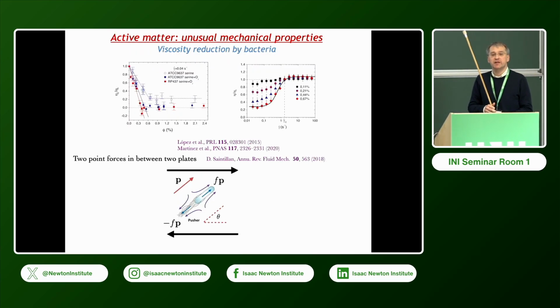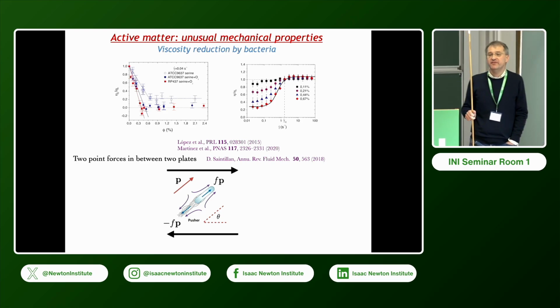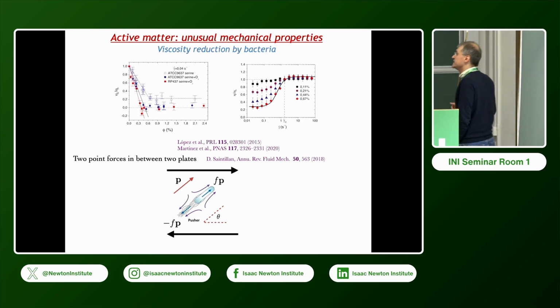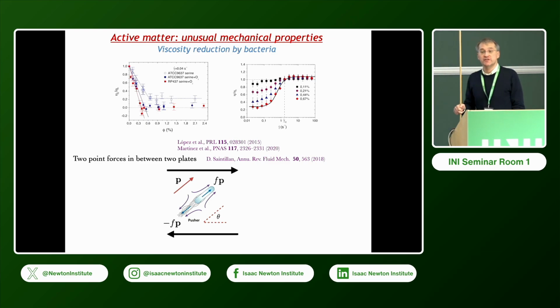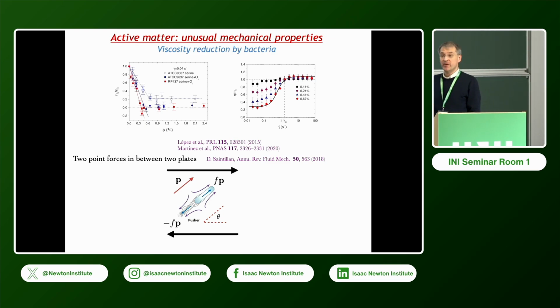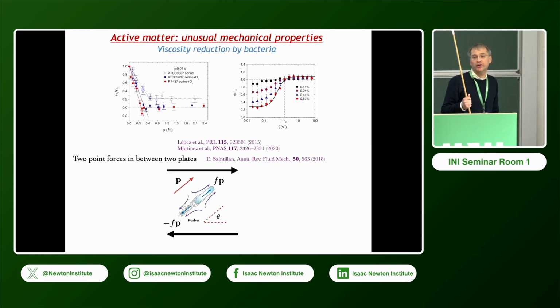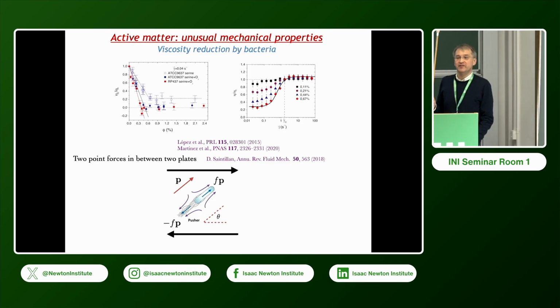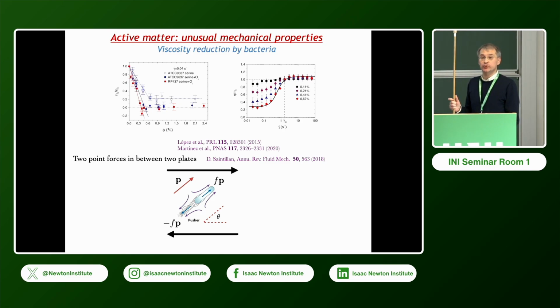Another interesting result, which happens way before collective motion sets in, is another mechanical property, the viscosity, and that signifies that when you break detailed balance at microscopic scale, anything could happen.